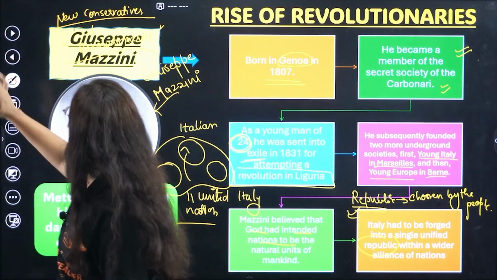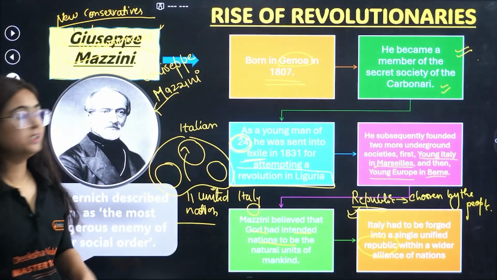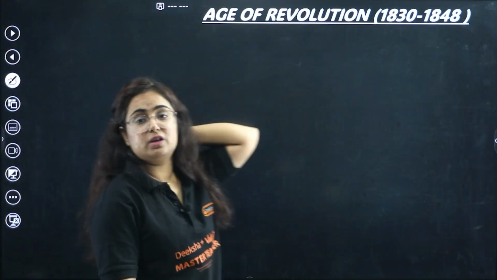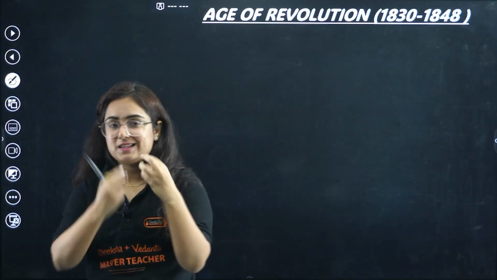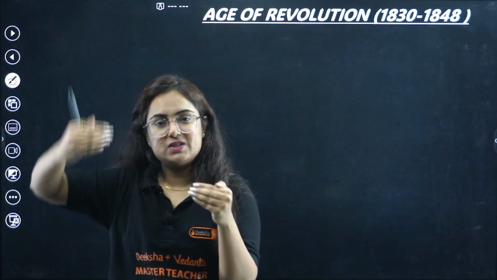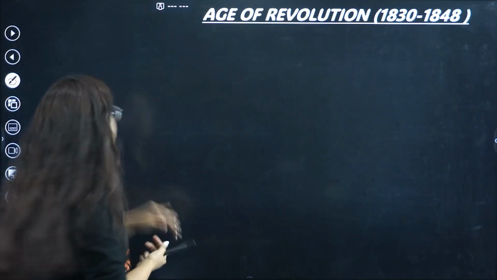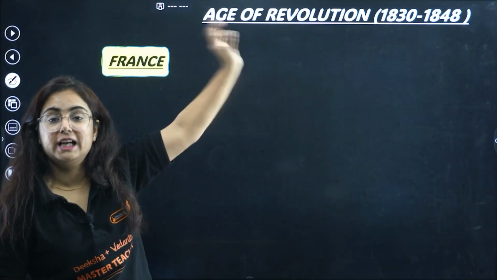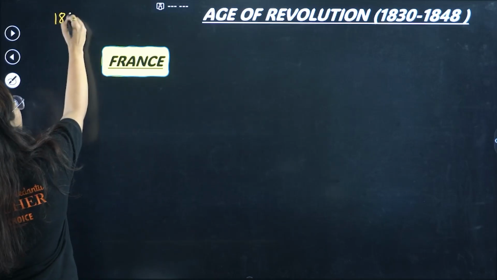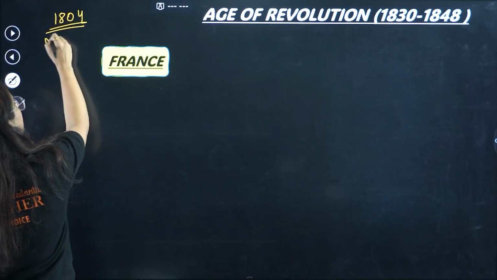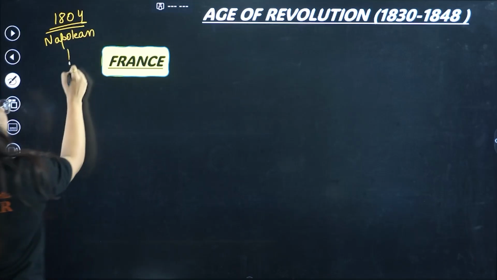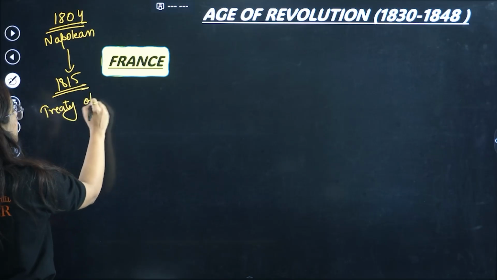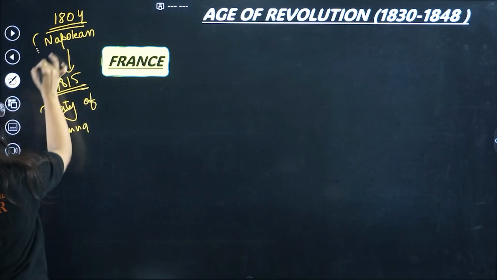So, let's move further and see the next topic. When Mazzini came into the picture, this feeling of revolution spread eventually, and the period from 1830 to 1848 is referred to as the age of revolution. In 1804 Napoleon came into power, and till 1815, when the Treaty of Vienna was signed and he was defeated, it was the Napoleonic age.